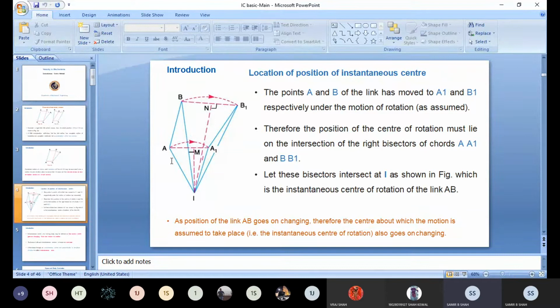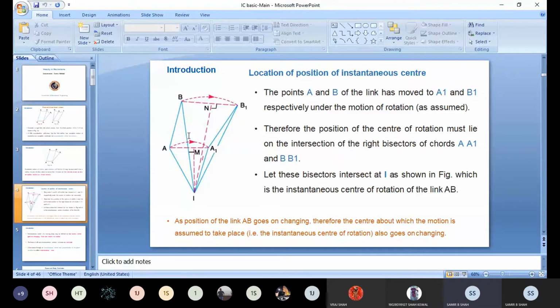Based on that, we implement those rules in the example and then we solve the example. So after the end of the theory portion, when I start the example, then all your queries are solved. Okay. Just see the figure.